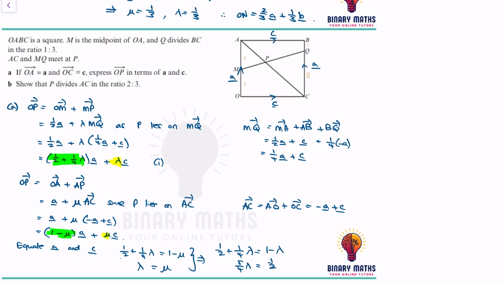So a half divided by 5 over 4 lambda is equal to 2 over 5, and mu is also equal to 2 over 5.